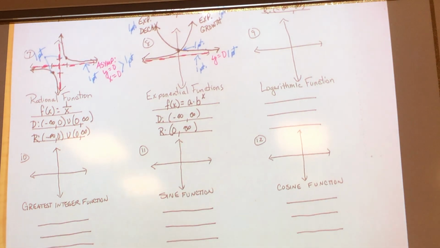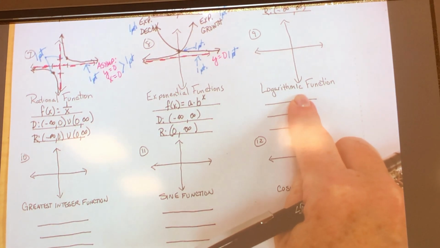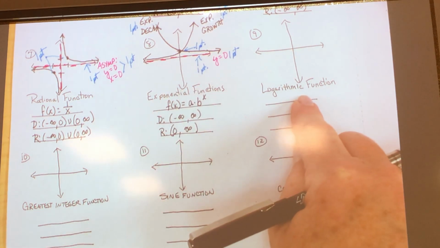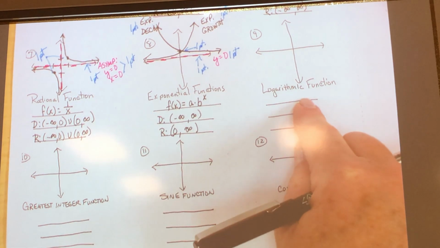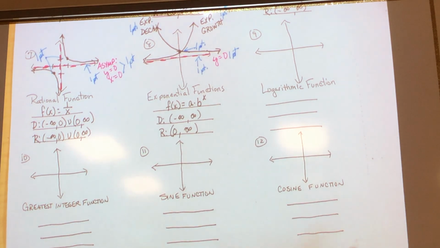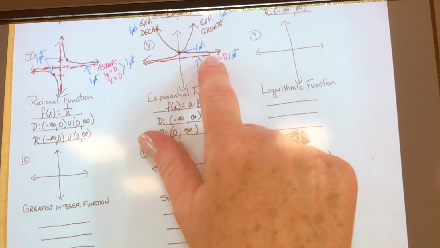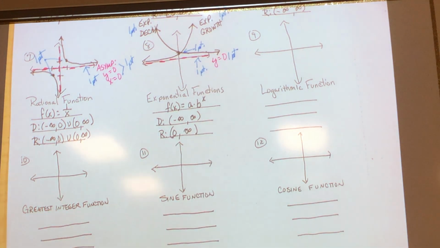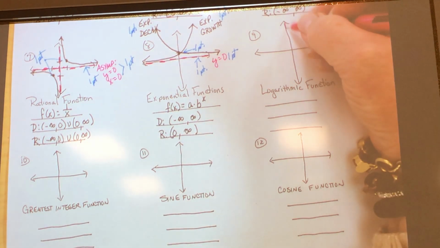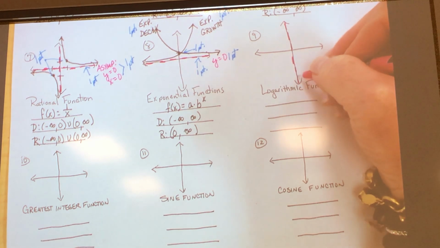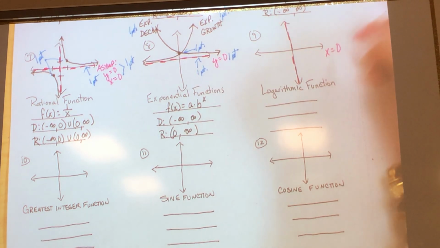Okay? Alright, so logarithmic function, y'all listen to me. These two are inverses of each other. That means they switch the x's and the y's. So this one has an asymptote at y equals 0. Where's this one going to have an asymptote? X equals 0. Very good.